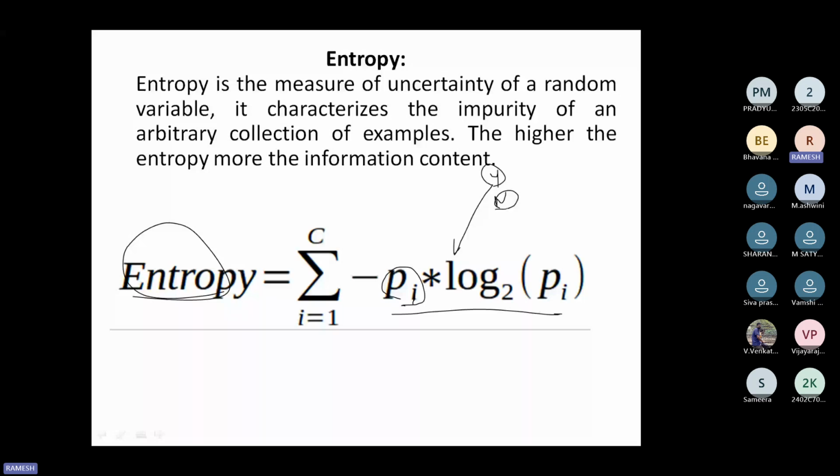If column 1 is yes, the target value is yes; if column 1 is no, the target value is yes. What are the purity levels here? We are going to calculate that for each and every column, checking purity and certainty levels, whether there are any fluctuations or it is going directly linear. We find that out with this entropy equation.